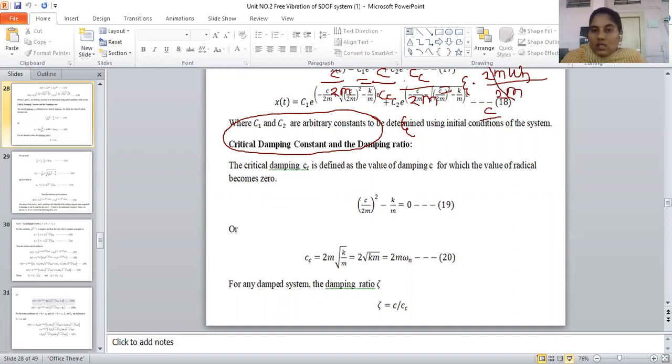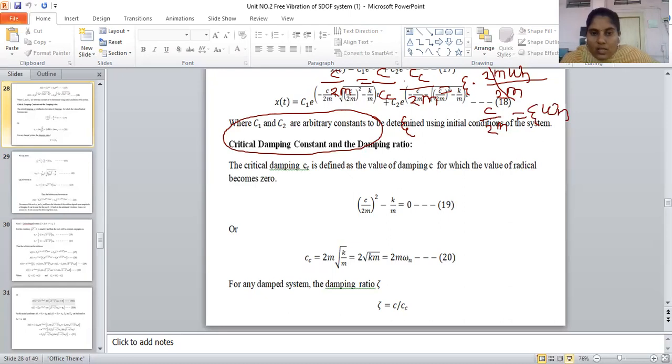Means this C upon twice M is equal to what is the remaining value? That is the zeta omega n. Okay. So what is the value remaining over here? That is the zeta omega n.